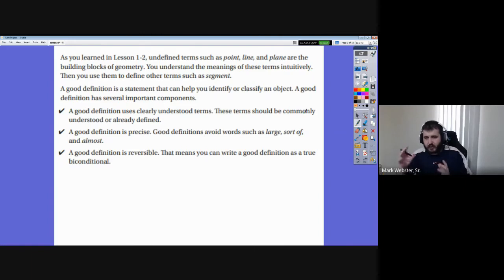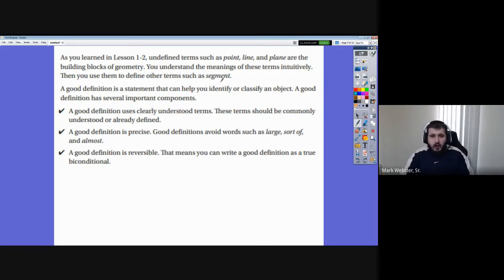If you're using weasel words, if you're not using words that have a very specific meaning, if you're not using words that are precise, and if you're not using words that can be flipped around and be true in both directions, then your definition is going to be bad, right?